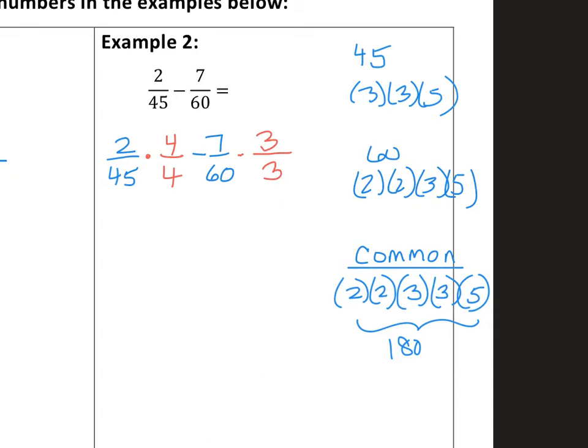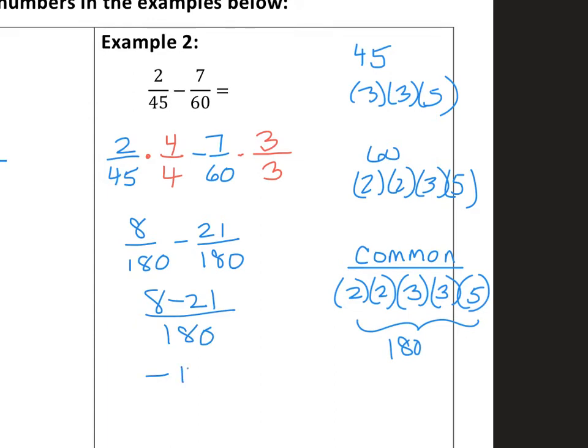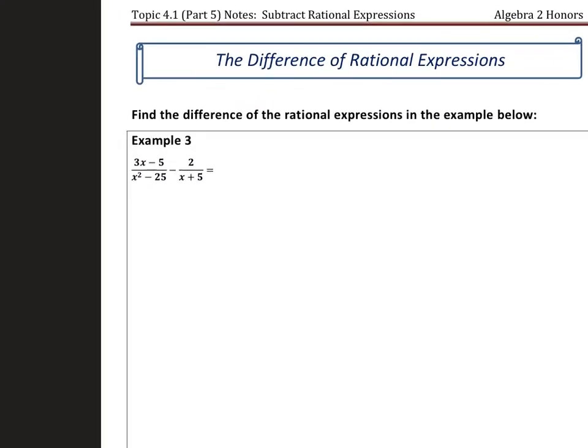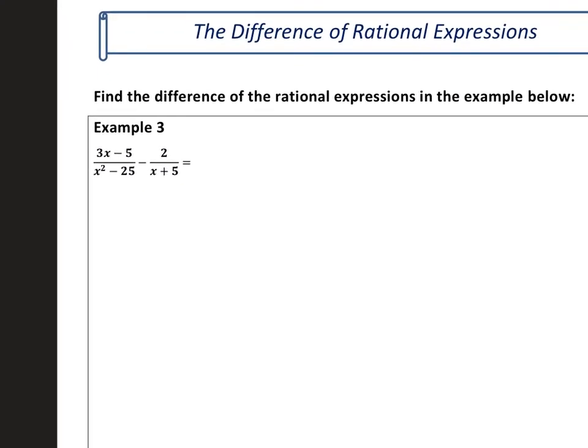That's the piece I'm missing. And so on the left I have 8/180 minus 21/180. That's 8 minus 21 over 180, or negative 13/180ths.